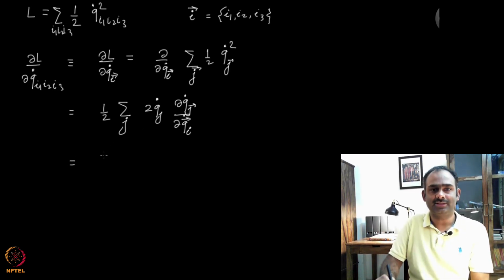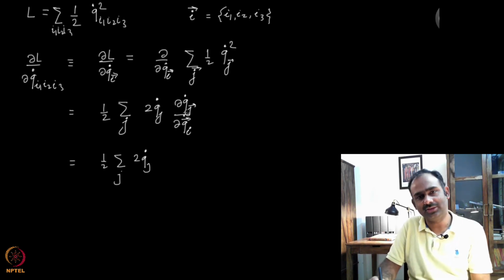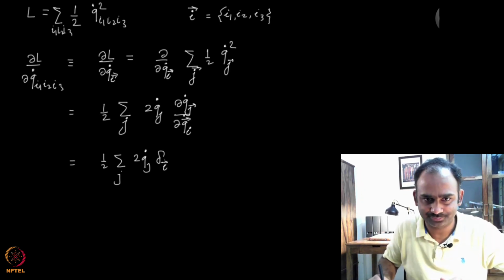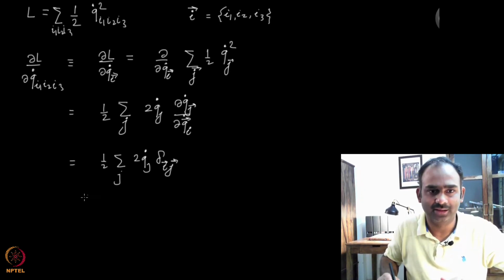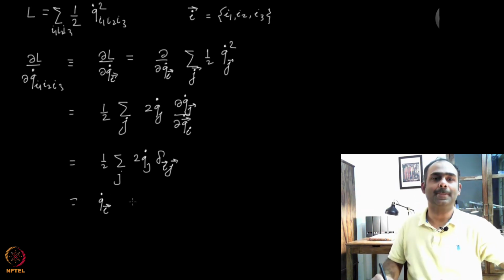Now, this is simple. It is half summation over j, 2 q_j dot, and this will be a delta function, right? Unless i and j are the same, this is 0, and only when i and j are equal this becomes 1. So, that is delta_ij, and the summation will hit only when i is equal to j. So, this half cancels and you get q_i dot.